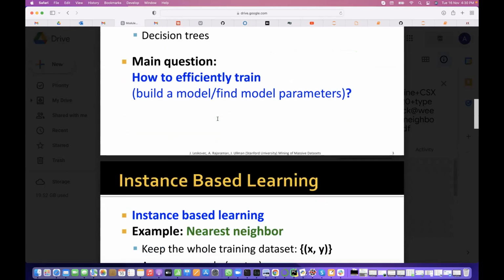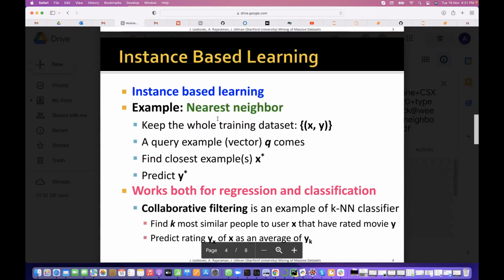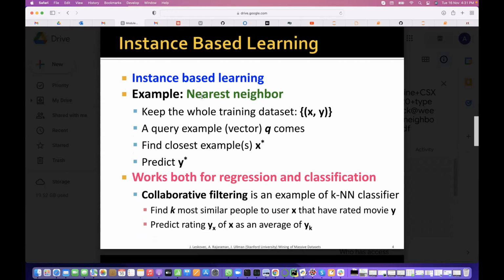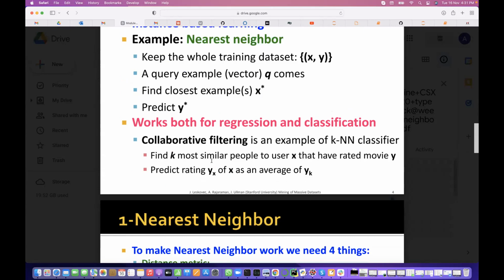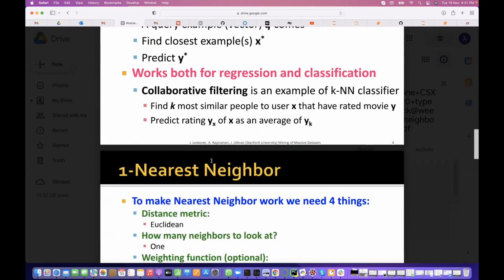Main question: how to efficiently train? This is also called instance-based learning. Nearest neighbor: keep the whole training data set, x, y. A query example q comes, find the closest example x star, predict y star. So it works both for regression and classification. Collaborative filtering is an example of a KNN classifier. Find the K most similar people to user x that have rated movie y.